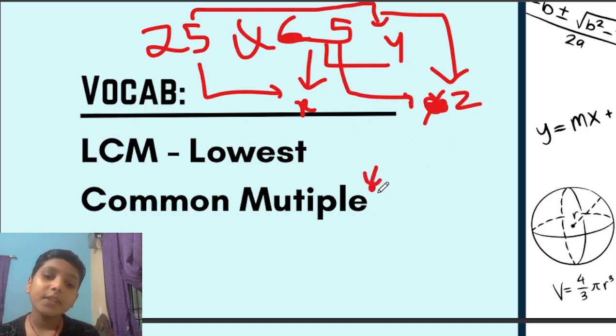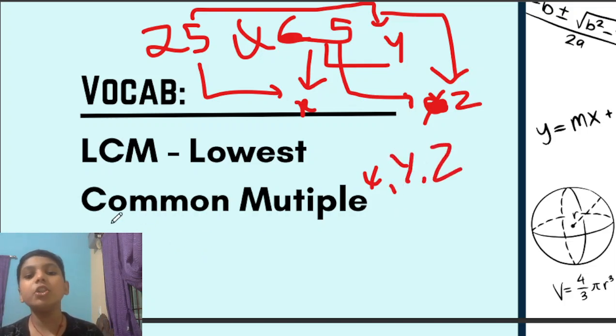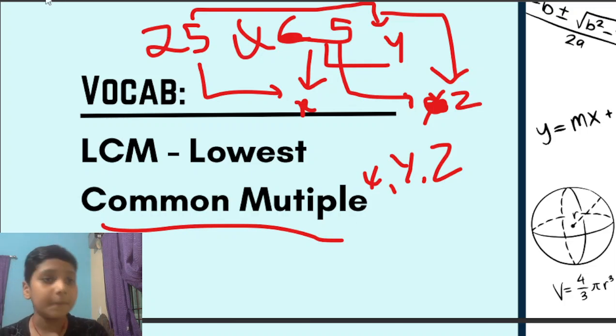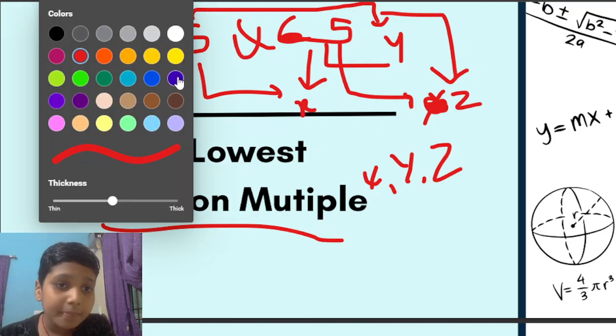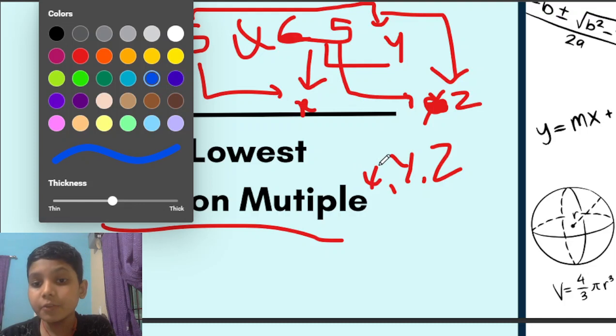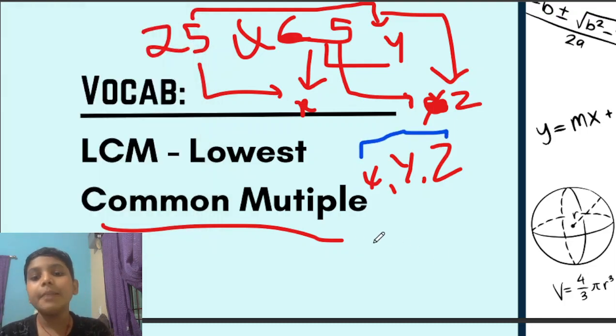So x, y, z are three distinct common multiples of these two numbers. Among them, one must be the smallest and one must be the biggest.